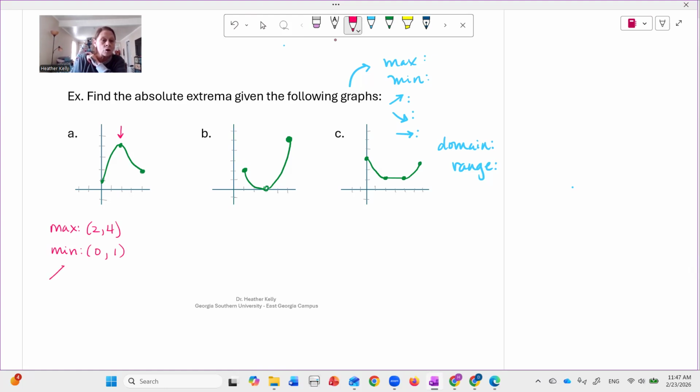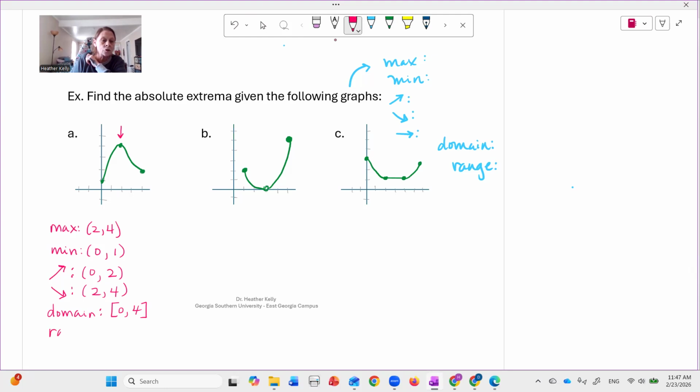Then I want our increasing interval. We are increasing from where x is 0 till x is 2. And we are decreasing from x is 2 to x is 4. Our domain, and because these are not arrows and they are hard endpoints, it's a closed interval from 0 to 4.